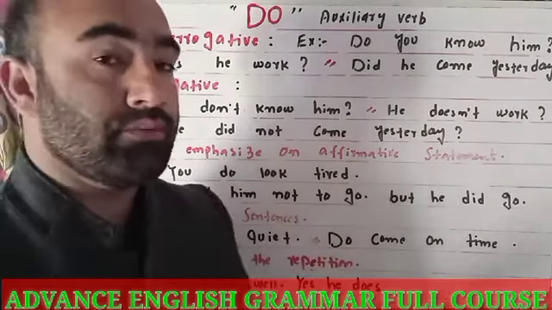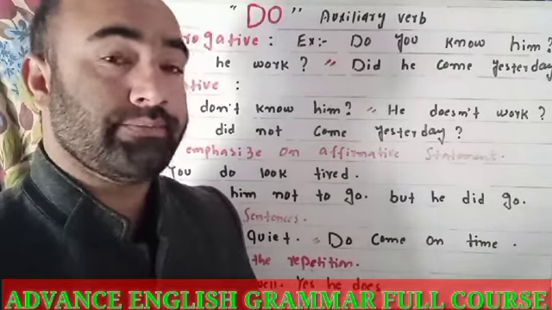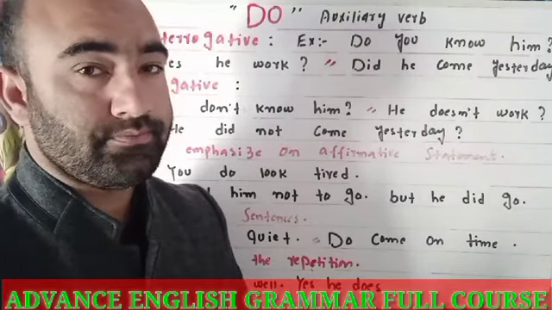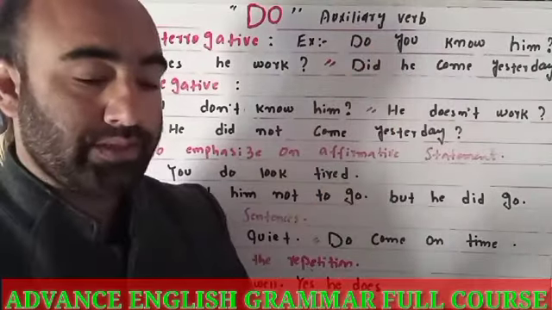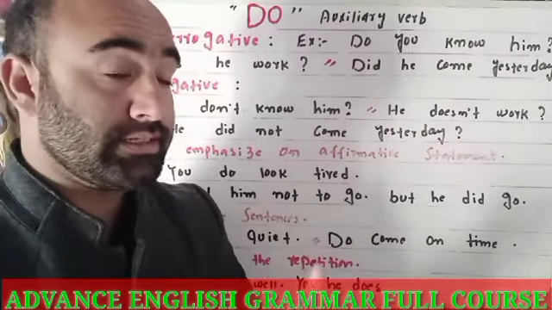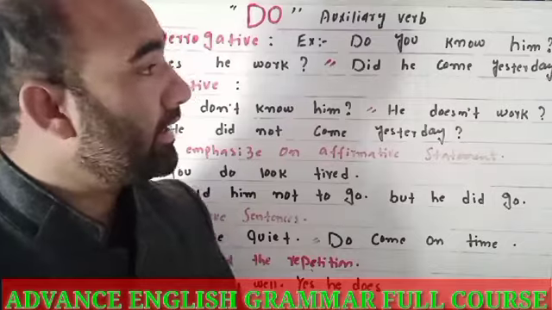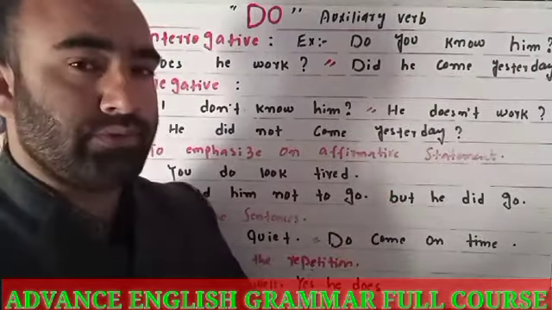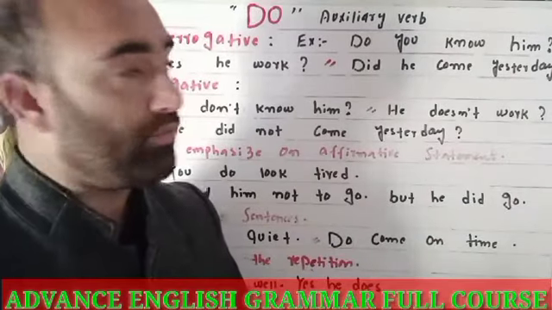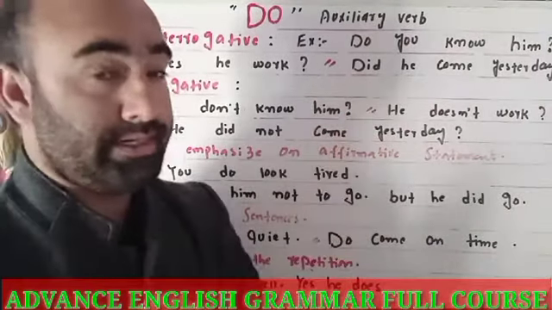We use the auxiliary verb did with all the subject pronouns, right? In this case, we use do with the first person and second person pronouns. In this case, we use does with the third person pronouns, and in this case, with all the subject pronouns, we use the auxiliary verb did.